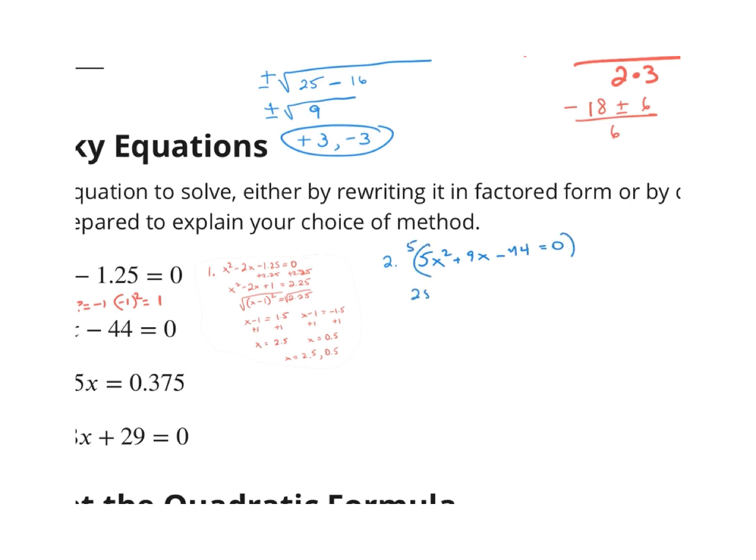So I have 25x squared plus 45x minus 220 equals 0. Now I'm going to pull the 5x out. So now I have (5x) squared plus 9 times 5x minus 220 equals 0.